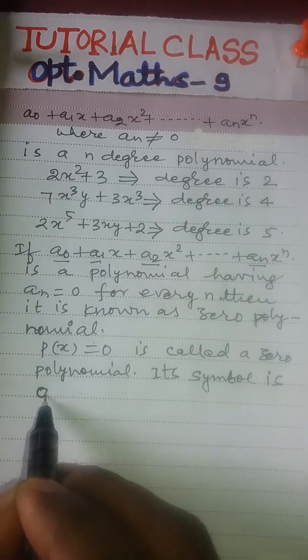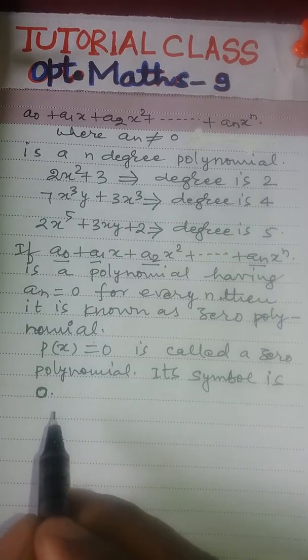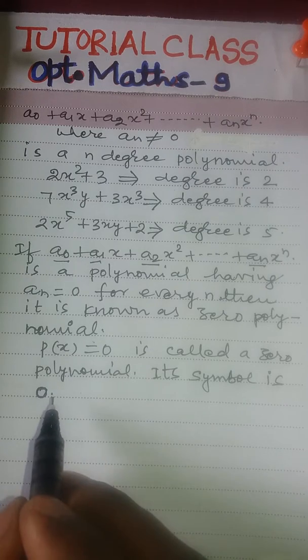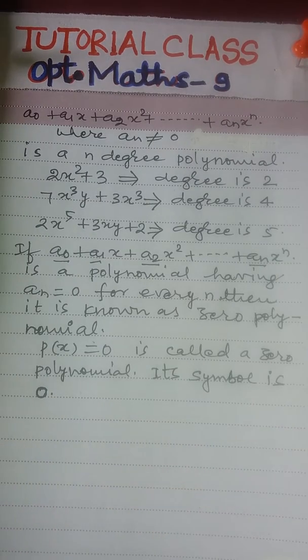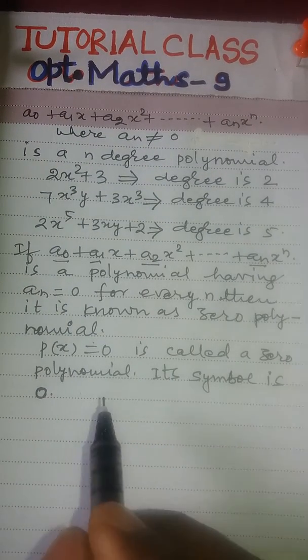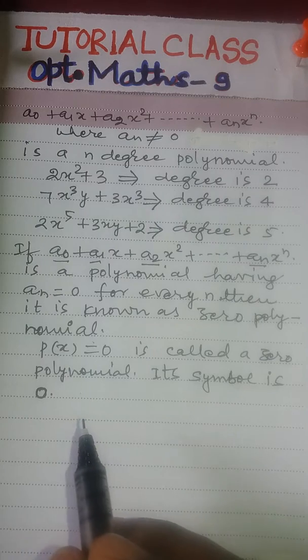See here, it is denoted by 0. So the symbol of the zero polynomial is 0. Dear students, you have got much more knowledge about the polynomial.